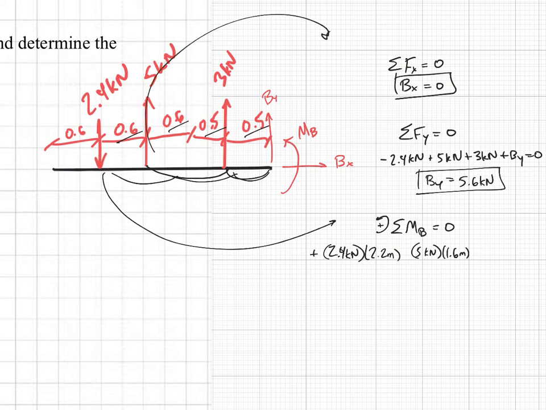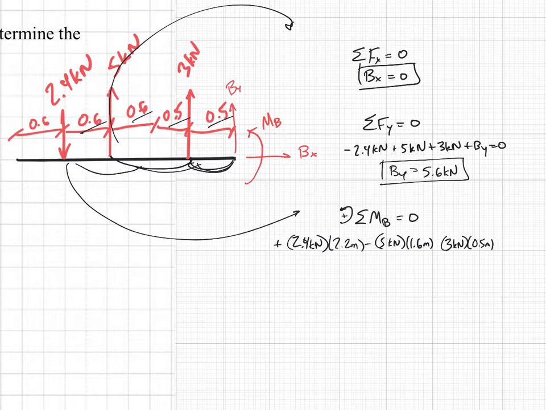It's going this way, so it's negative. And then I've got 3 kilonewtons at a distance of a half a meter, going negative. By and Bx go through B, so they don't count. And MB, I drew it positive because that's the way I like to do it. If we solve this equation, we get MB equals 4.22 kilonewton-meters.